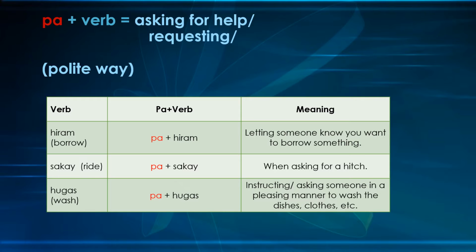This formula is used when we want to ask for help or make a request to someone in a polite manner. Let's have an example. The verb here is hiram, which means to borrow. Let's add pa at the beginning. We will now have a new word, pahiram.